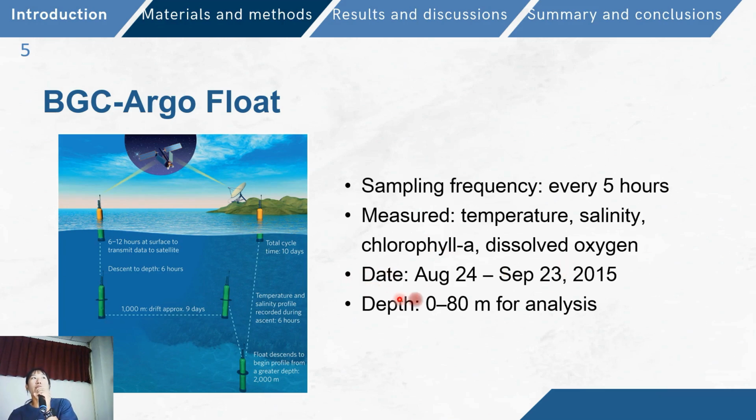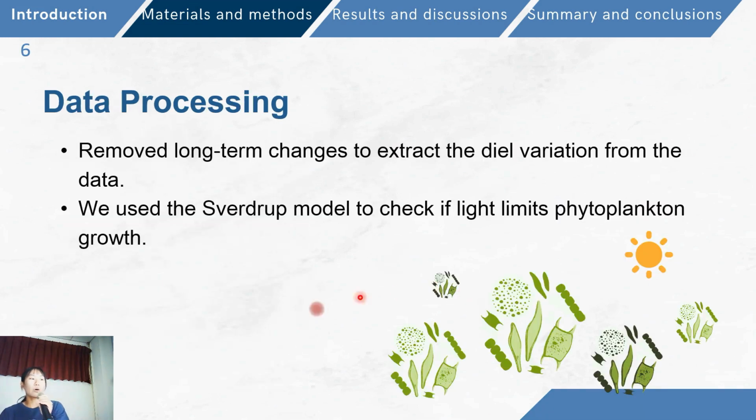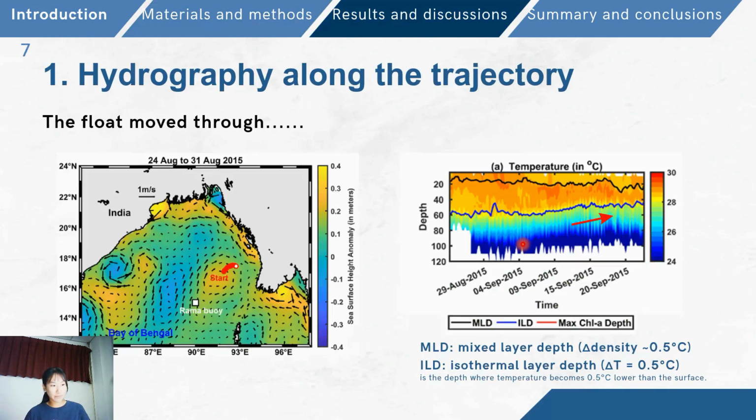We use the data from August 24 to September 23, 2015, and we use the data above 80 meters for analysis. When we get the data, we need to remove long-term change to extract the Diel variation from the data. And we also use the sverdrup model to check if light limits phytoplankton growth.